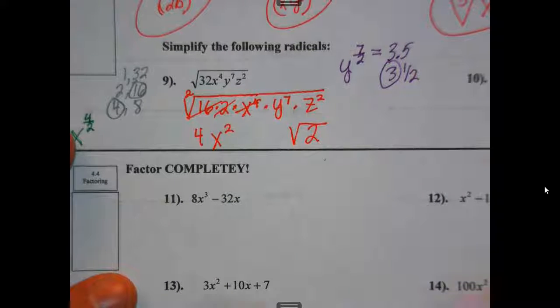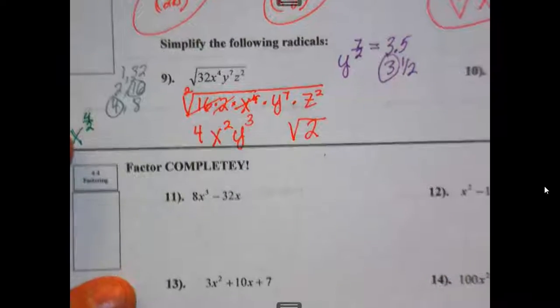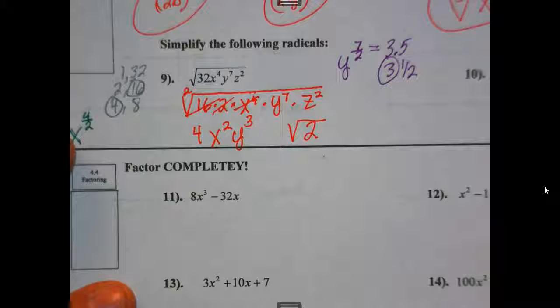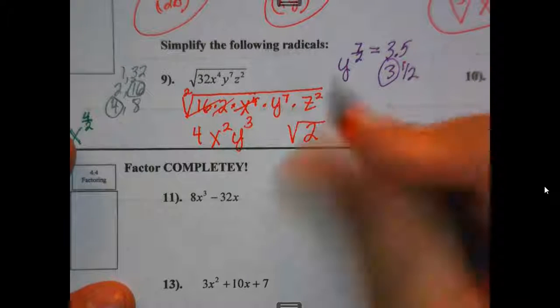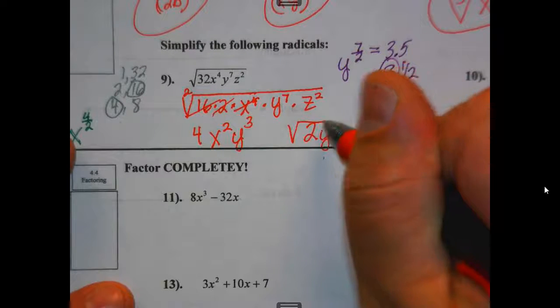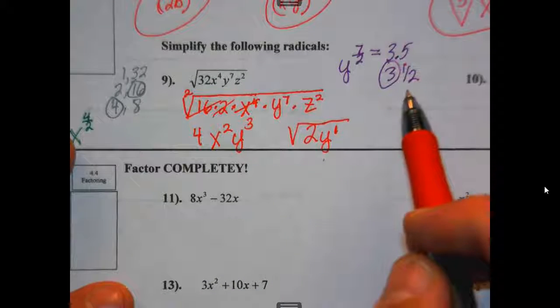That's going to come outside the radical. 3. What do I have left over? A half. But don't forget, that's my root, the 2. So it's going to be y to the first. Remember, the 2 is my root.